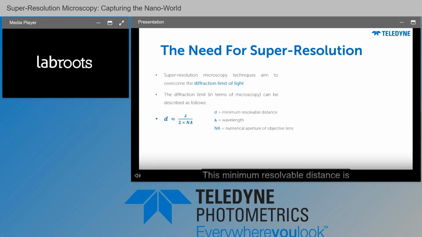This minimum resolvable distance is approximately half the wavelength of the light used, shown here by lambda, divided by the numerical aperture, NA, of the objective lens. Wavelengths and microscope objective lenses can vary wildly depending on technique, but I am going to assume a standard visible light wavelength between 400 to 700 nanometers and the best possible currently available numerical aperture of 1.4 to 1.7.